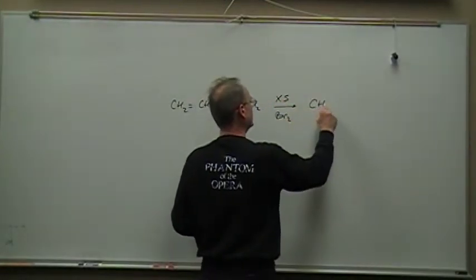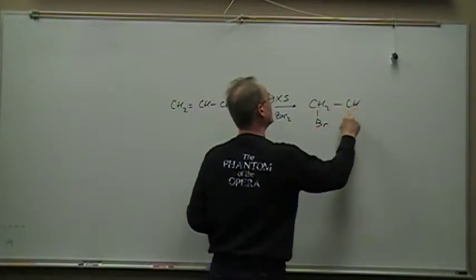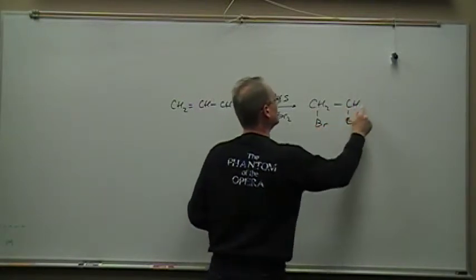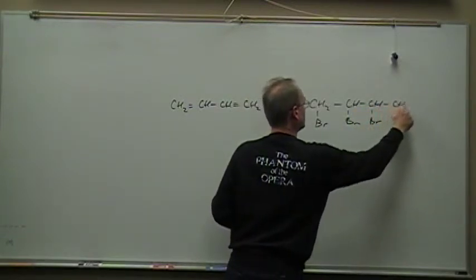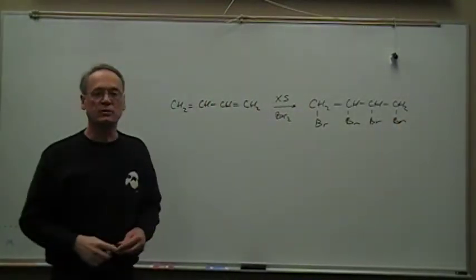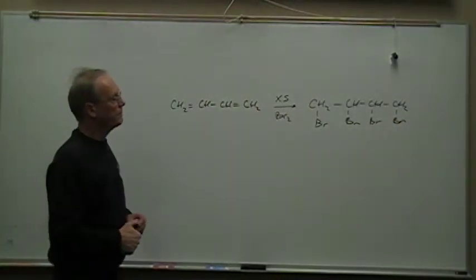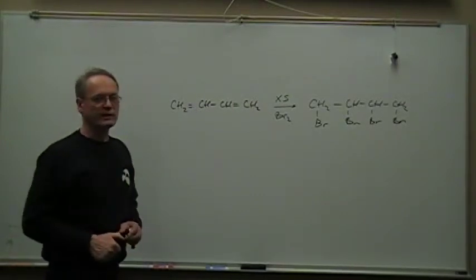That's easy. Each of the double bonds gets a pair of bromines. All the double bonds turn into single bonds. And you would get 1,2,3,4-tetrabromobutane. And we are not going to worry too much about stereochemistry.